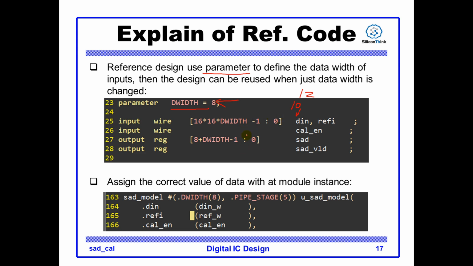No need to modify the whole design. So you can change the parameter in the instance of the module, just replace the 8 with 10 or 12. I have explained the usage of parameters, the parameter syntax, in chapter 2 of this course.